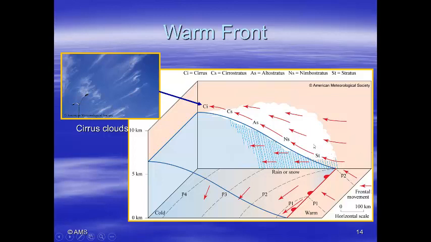Here warm air rides up over the cold air, so it's warm, moist air. It expands, it cools, and we have condensation and precipitation forming.